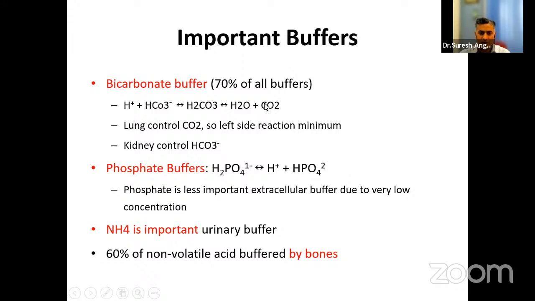Whenever there is excess CO2 generation, the lung will eliminate the CO2, and the kidneys control bicarbonate and hydrogen ion. Phosphate buffer is a less important extracellular buffer due to its low concentration. Ammonium is an important urinary buffer, and the bones are also an important buffer, buffering around 60% of non-volatile acids. So these are a few of the important buffers, and bicarbonate is the most important buffer inside the body.